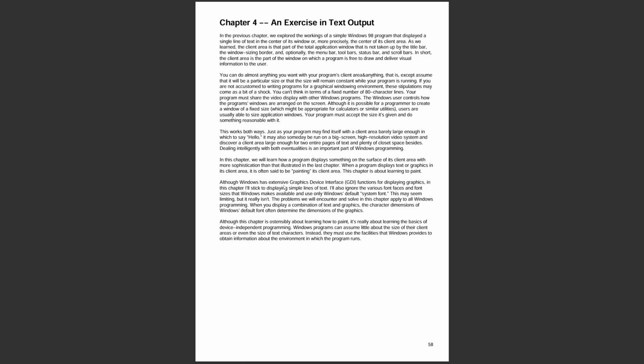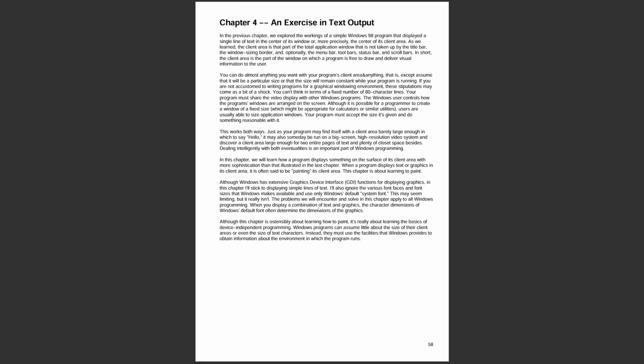Although Windows has extensive Graphics Device Interface (GDI) functions for displaying graphics, in this chapter I'll stick to displaying simple lines of text. I'll also ignore the various font faces and font sizes that Windows makes available and use only Windows' default system font. This may seem limiting, but it really isn't. The problems we will encounter and solve in this chapter apply to all Windows programming.